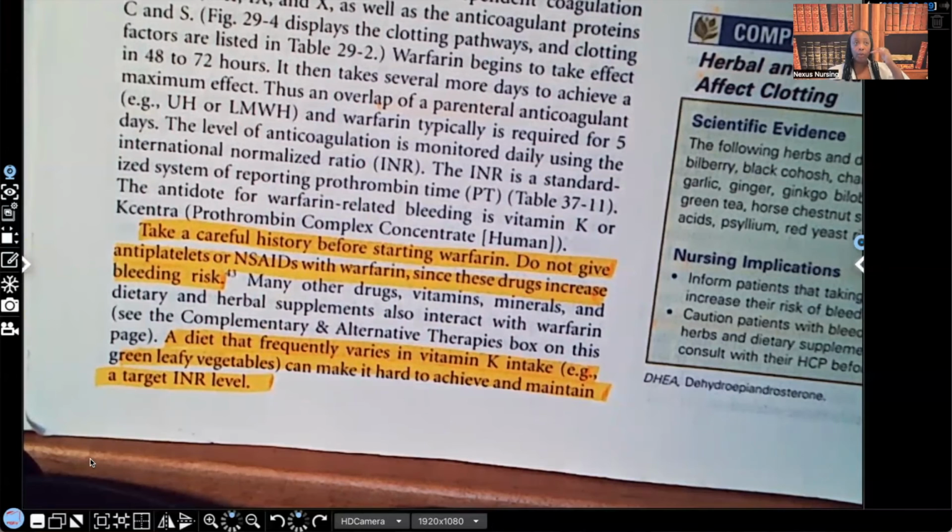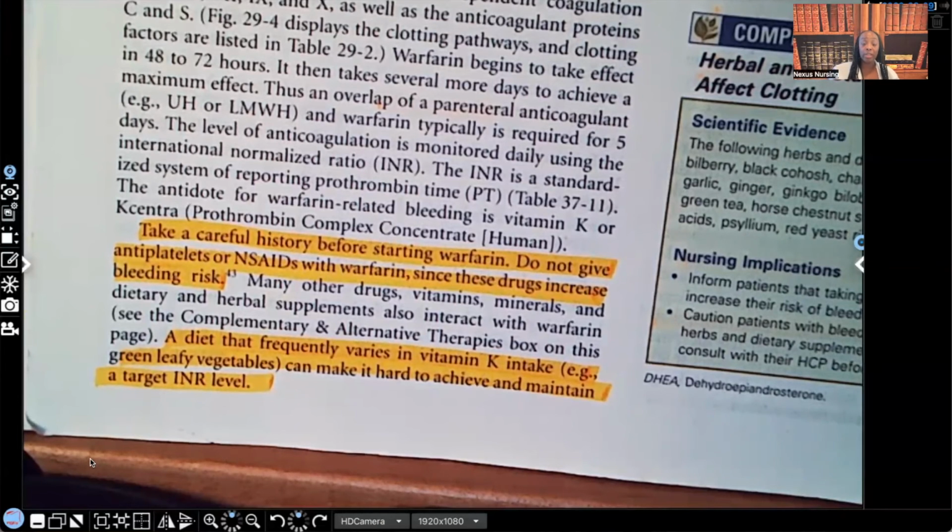So whatever, if they're used to eating green leafy veggies, keep that consistency, because remember, we're going to be checking that PT/INR, but we're going to tell them to be consistent in their diet of vitamin K, be consistent in their diet of green leafy veggies.